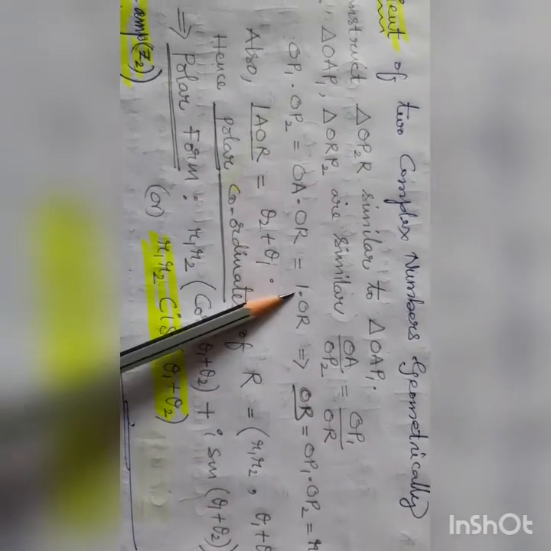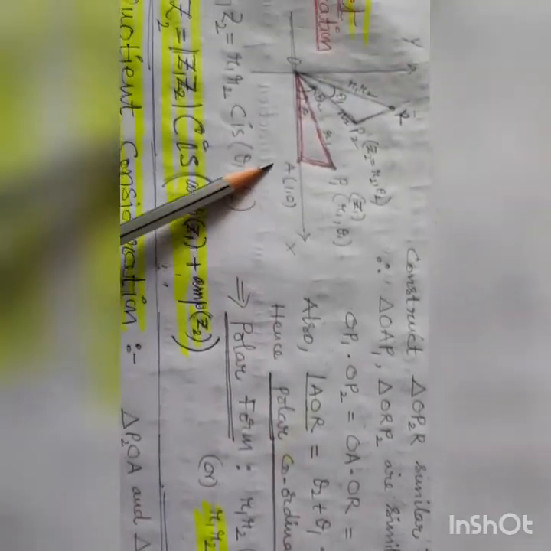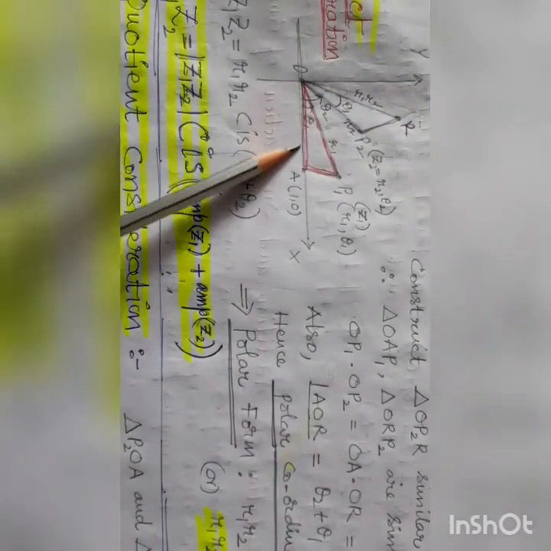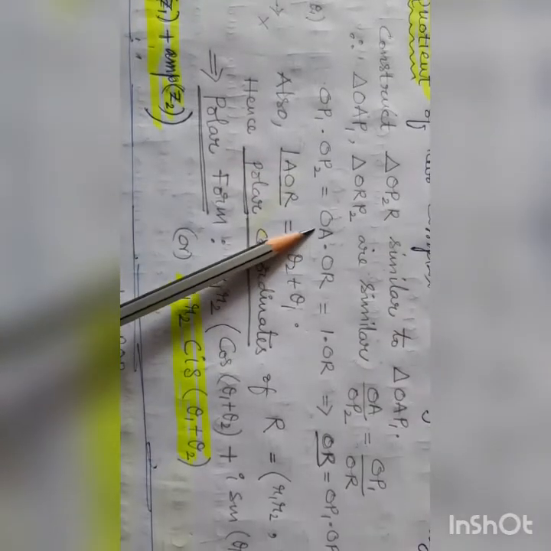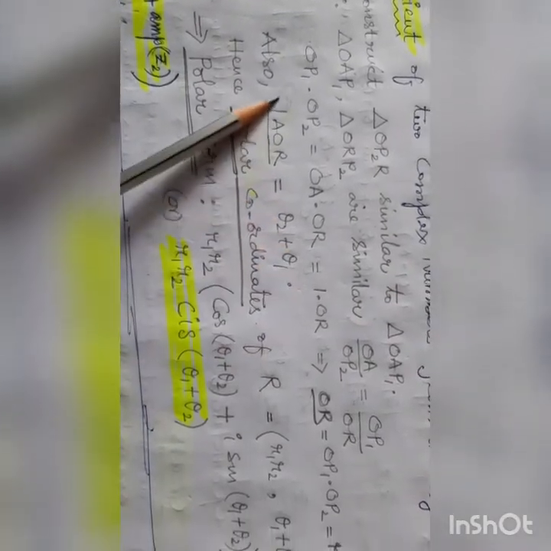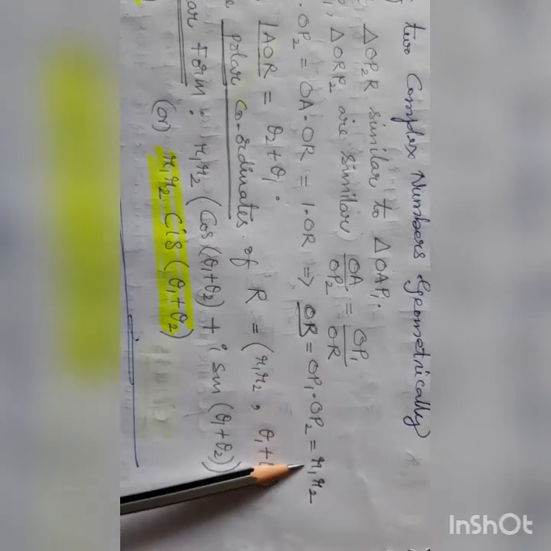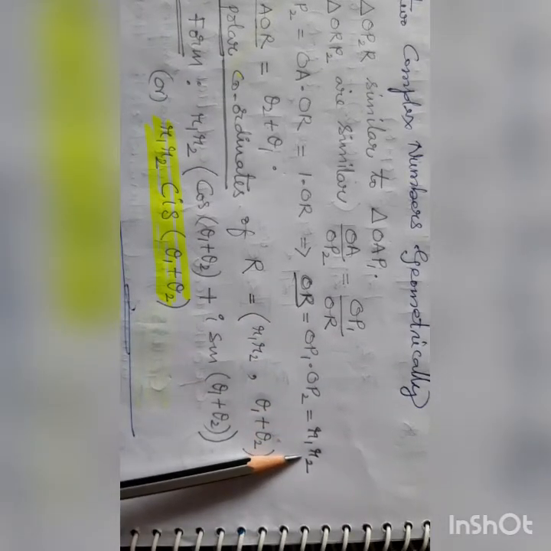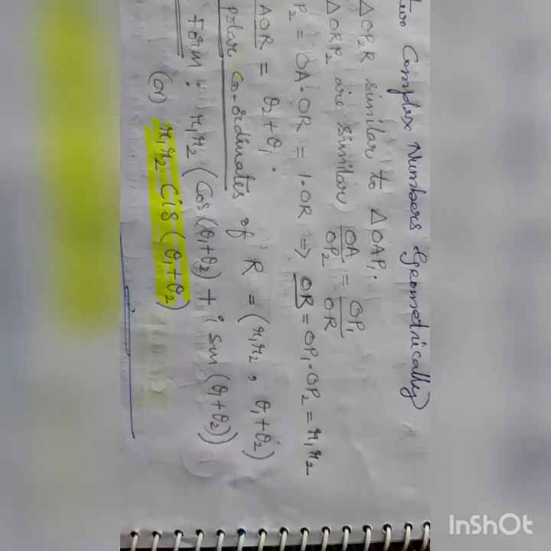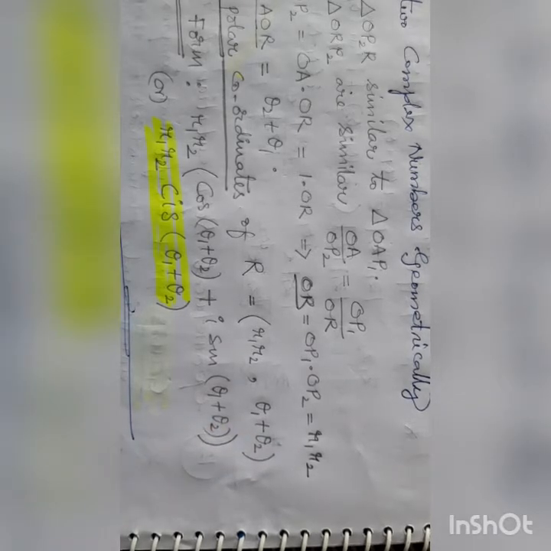OA we have taken as 1 unit. So 1 into OR equals OP1 OP2, equals R1 R2. Like this we have given the product on the Argand plane or complex plane by using the polar system connected with vectors.